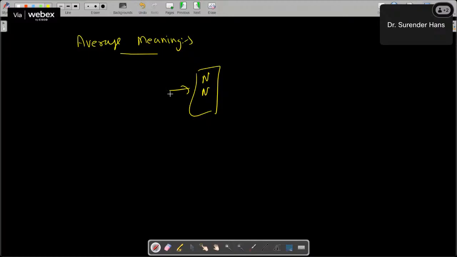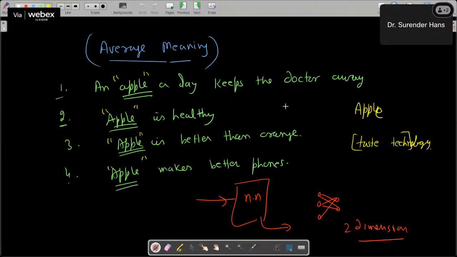If you read this sentence, an apple a day keeps the doctor away, it seems like apple is a food. The neural network will understand through this sentence that apple is a food item, so obviously the taste component will be high. Let's say 0.7.